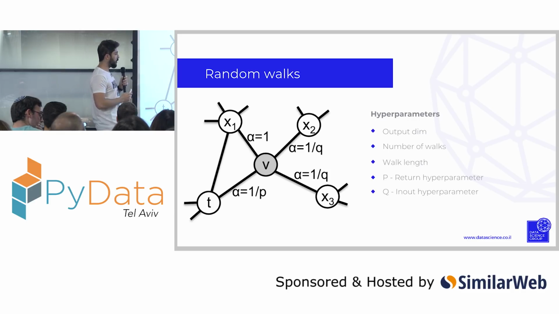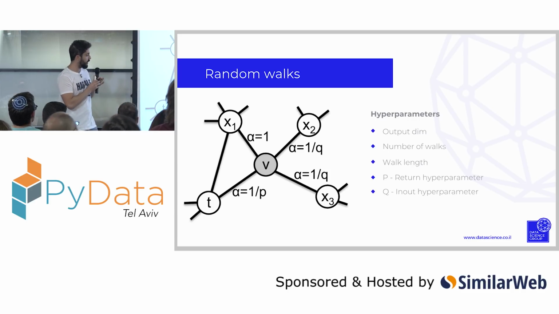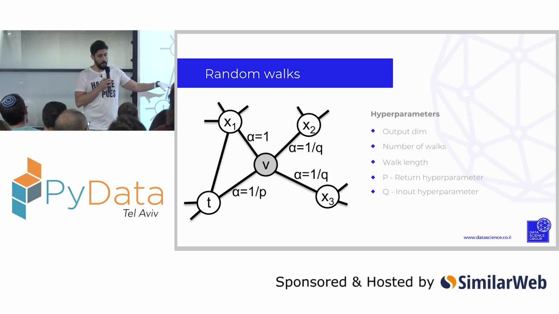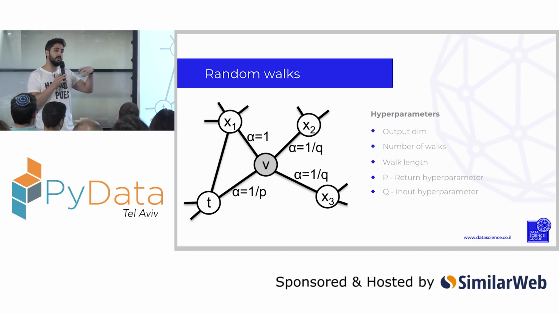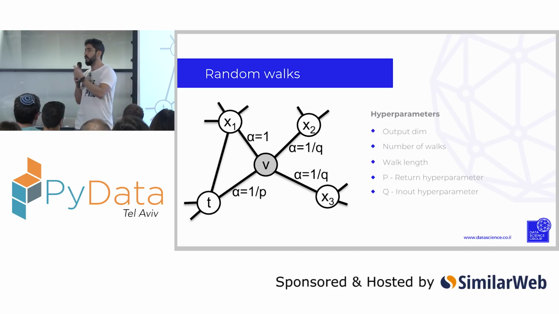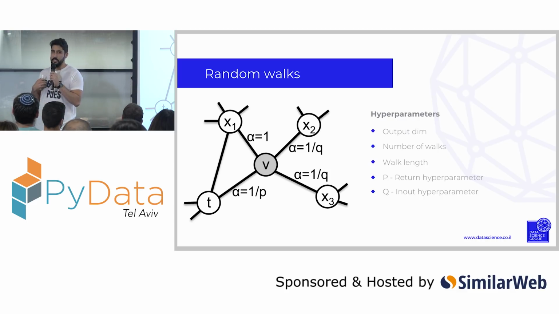So okay, before we actually talk about the hyperparameters, when we think about the probability to traverse from one node to the others, the most naive way to do it is by normalizing the weights, right? If it has a stronger connection, it has a higher weight, it will get a higher probability to travel from one node to another. But that doesn't give us enough flexibility, because sometimes the weights are given.